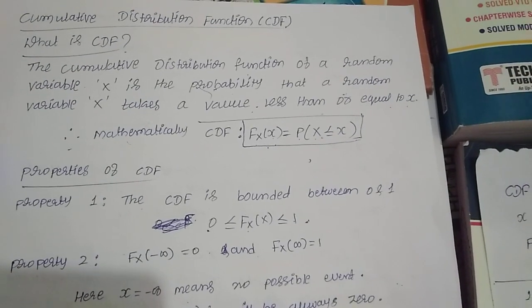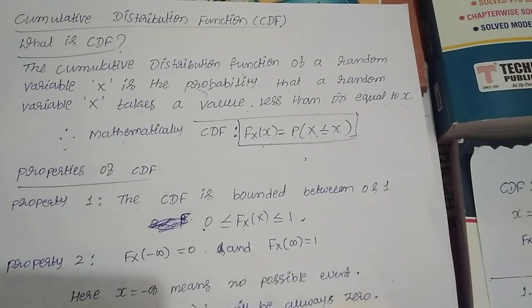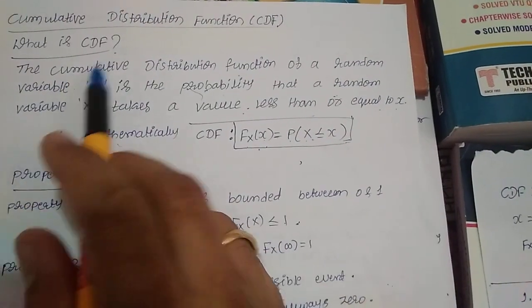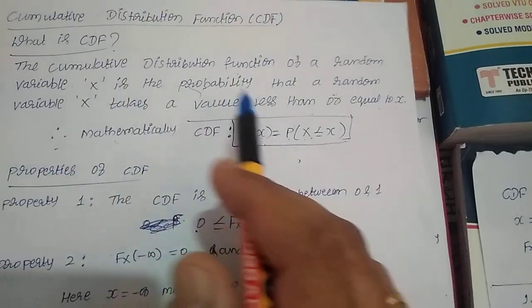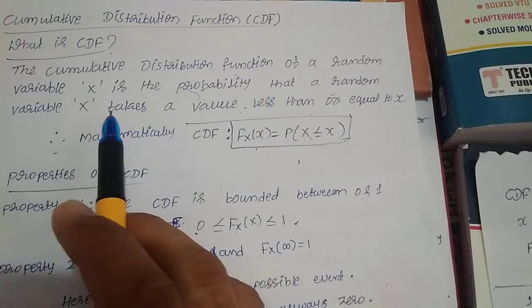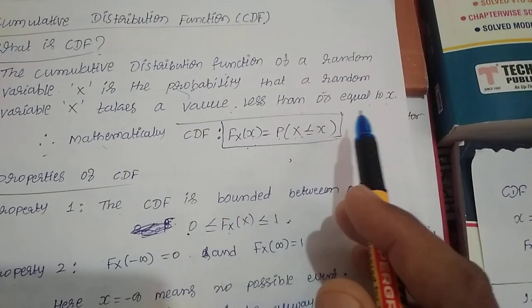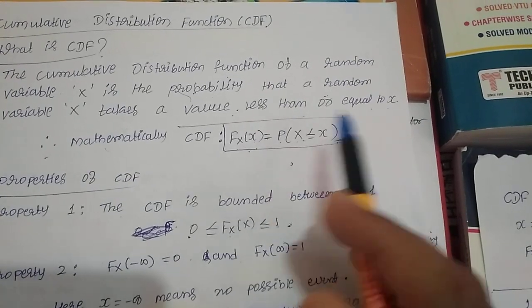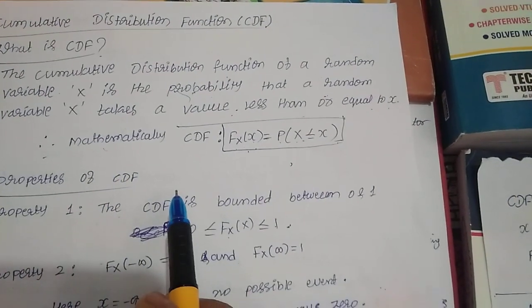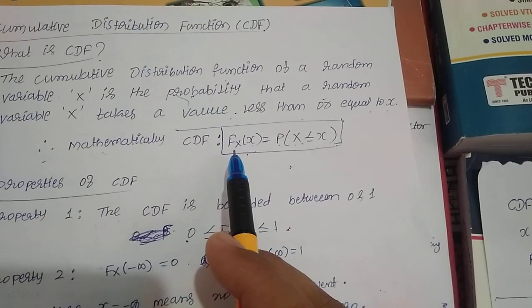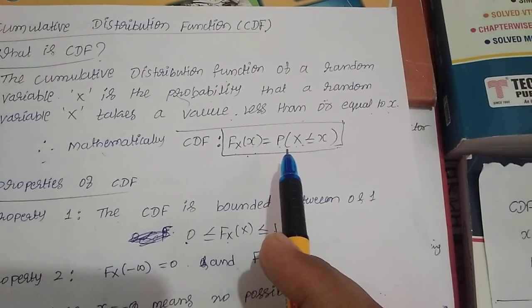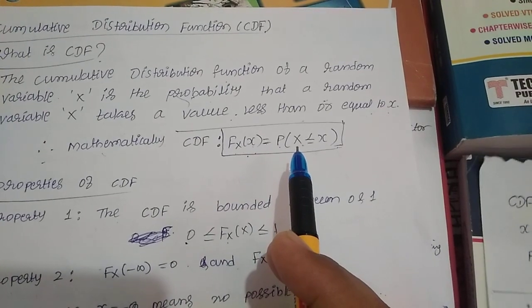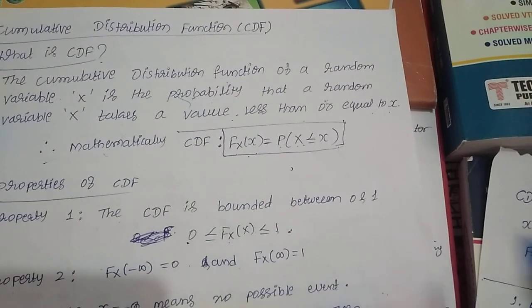I will explain the cumulative distribution function. The cumulative distribution function of a random variable X is the probability that the random variable X takes a value less than or equal to x. Mathematically, the CDF is denoted as F_X(x) = P(X ≤ x).